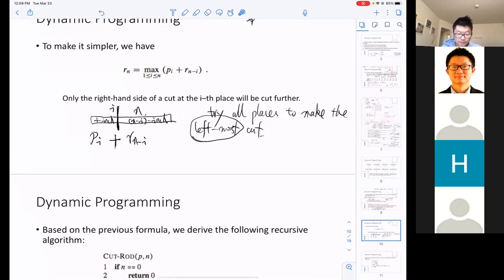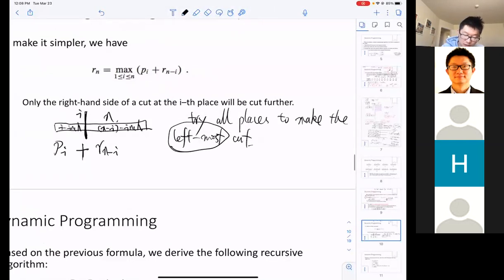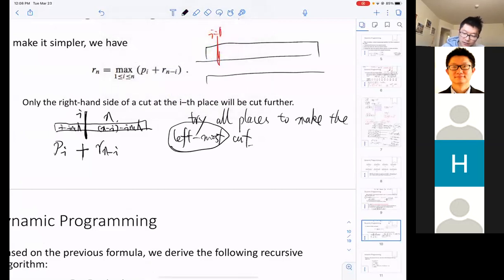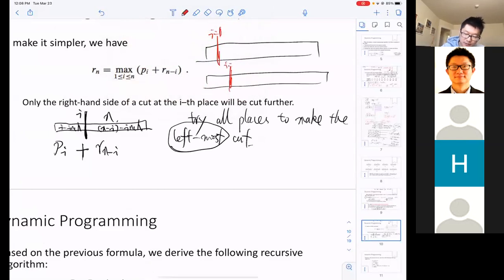Wait, can you say that one more time? Okay. So what this equation does is that if we're given a rod of length n, it will say, okay, let's make the first cut at 1, and then let's try another choice of making the first cut at 2, and then at 3, and at 4, etc. Then it will calculate the highest revenue that you can make from all these possible places of the first cut.